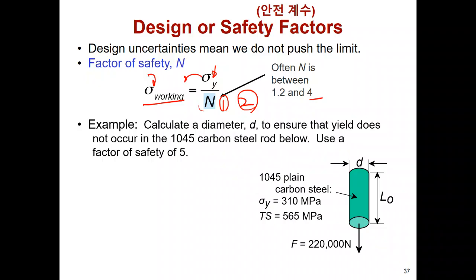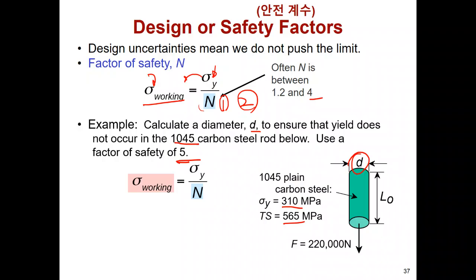So if we need a safety factor of 5, the diameter and yield strength look like this. The yield strength is 310 megapascal, in an extremely tensile case like this. How much size do we need to not exceed the yield strength with a safety factor of 5? We can easily calculate it.